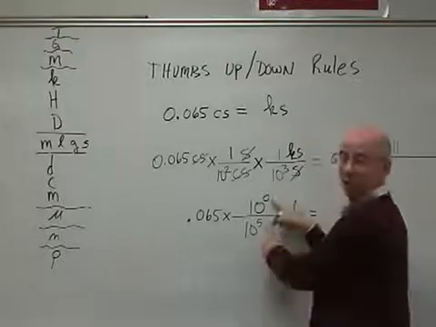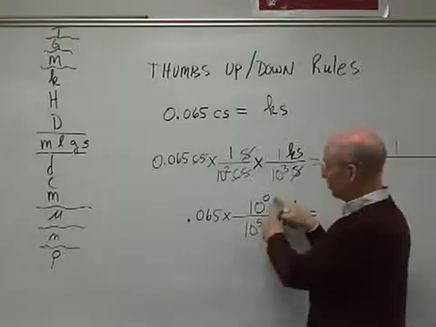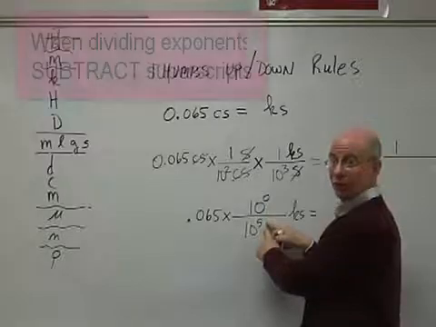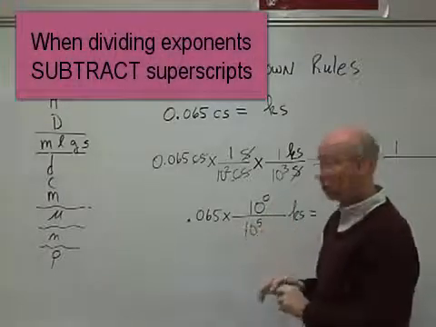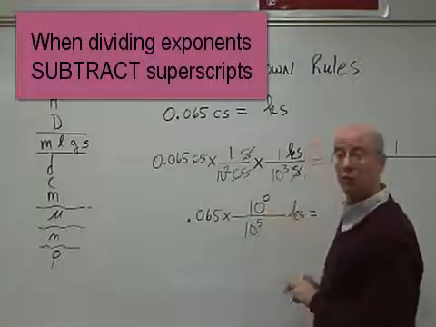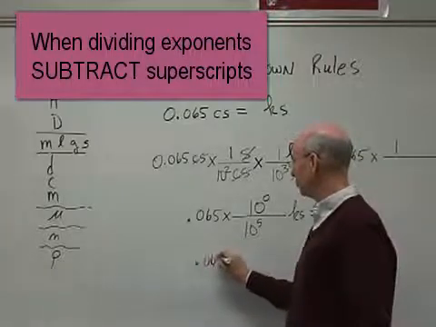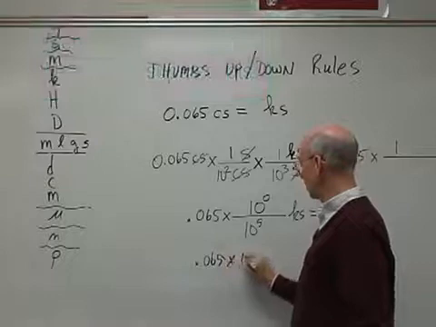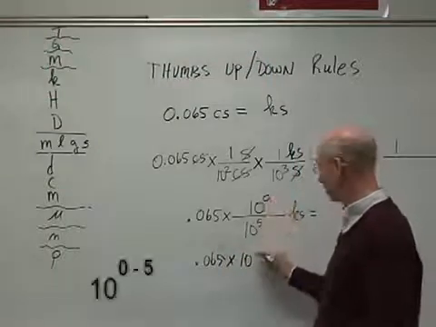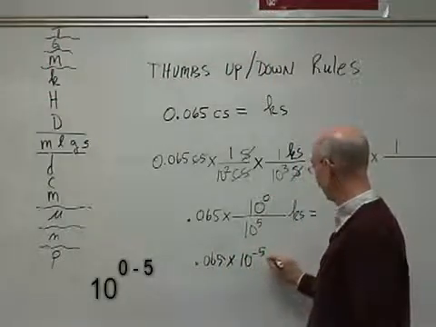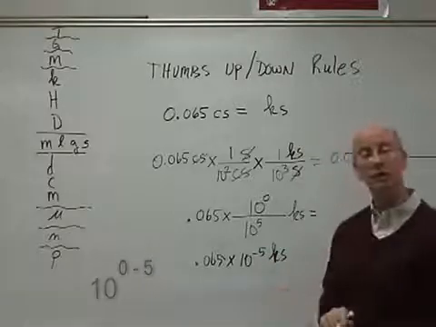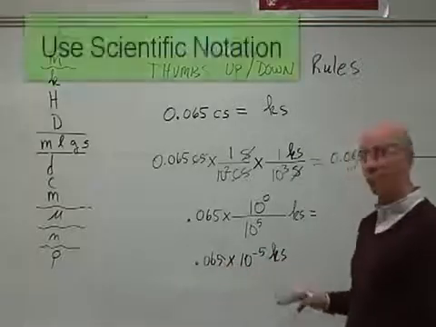I have a division problem here. I have 10 to the 0 divided by 10 to the 5th. When you divide exponents, you subtract the superscript. So I would get 0.065 times 10 to the 0 minus 5 is 10 to the minus 5 kiloseconds.